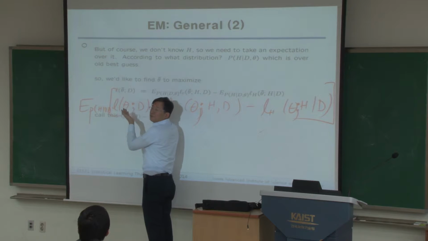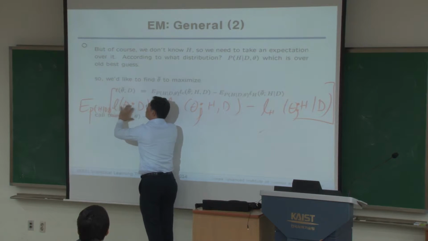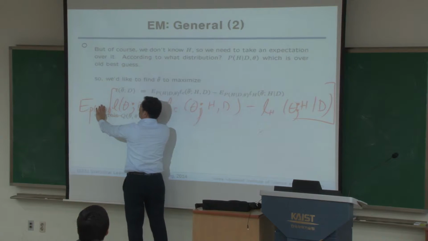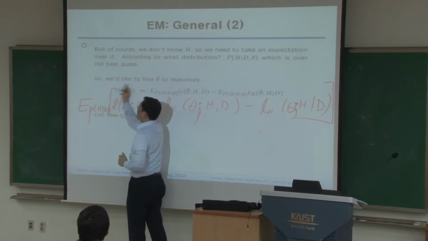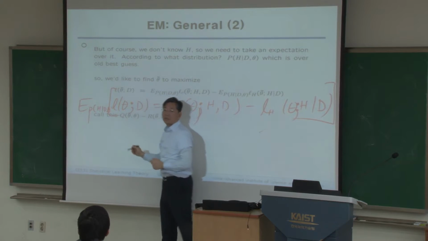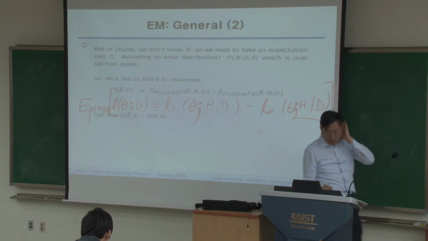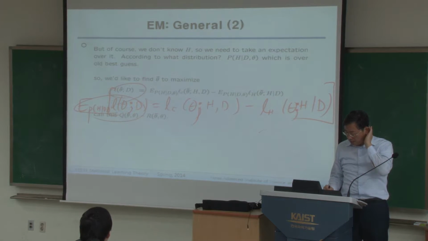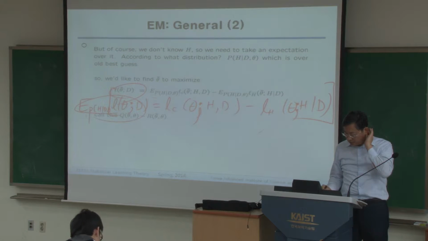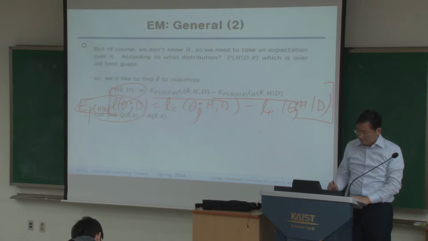This one does not have any H value, so the expectation of something over H is going to be just that. Expectation of that is that and that. So in the previous equation, I've just put the expectation.